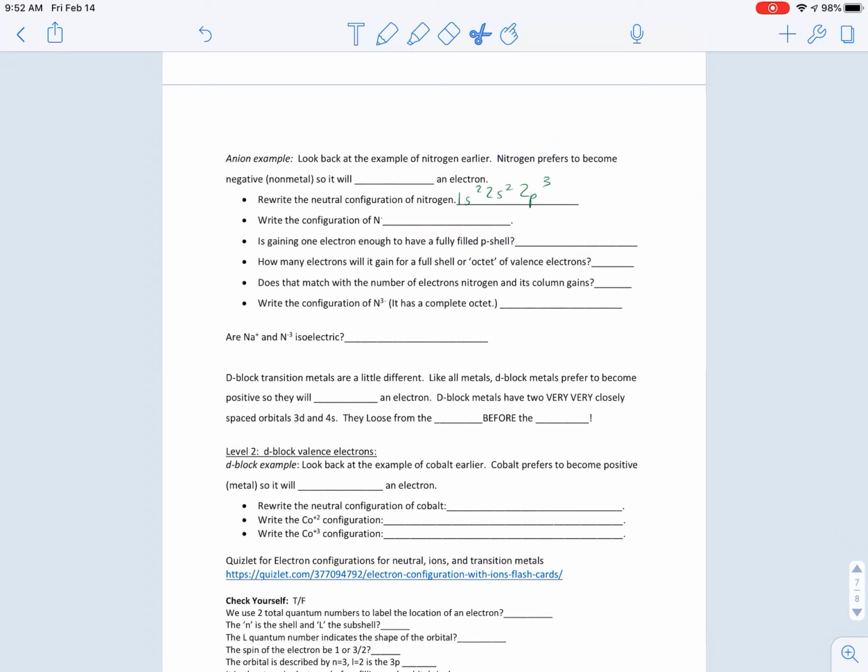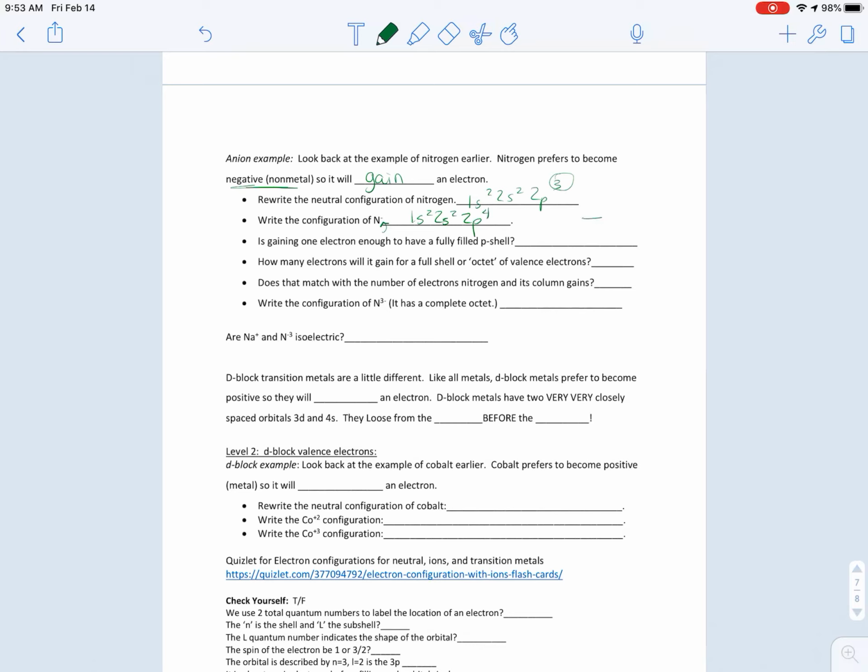Here's his configuration. And if it's negative, it prefers to become negative. It's going to gain an electron because electrons are negative. Now, this would be an example of him gaining one electron. So if he just gains one electron, again, you would add it to this area, 2p4.